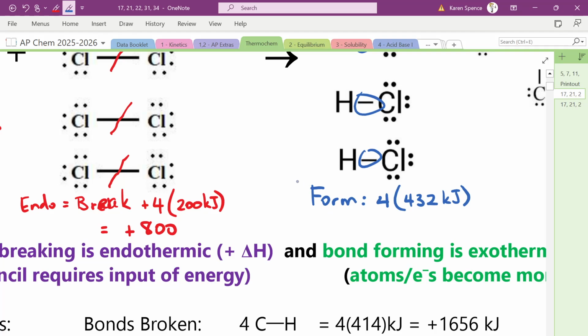And because we are forming, is this endo or exo? Exo. And so the value of these will be negative. So 432 times 4 equals negative 1728.